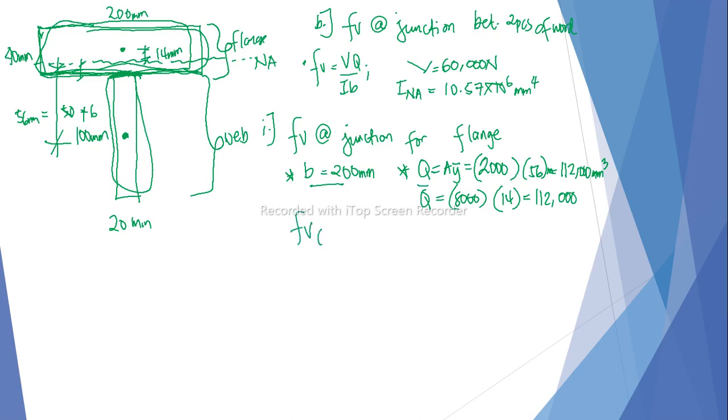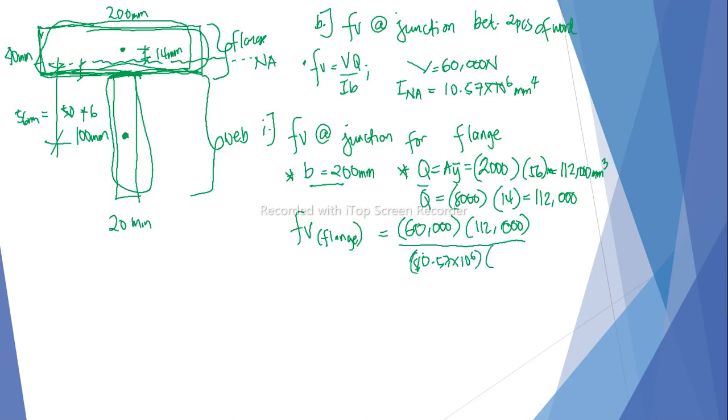So for the shearing stress at the flange, we just substitute the values. We have 60,000 for V, VQ over IB. Our Q is 112,000. Our I is 10.57 times 10 to the 6 millimeters to the fourth.